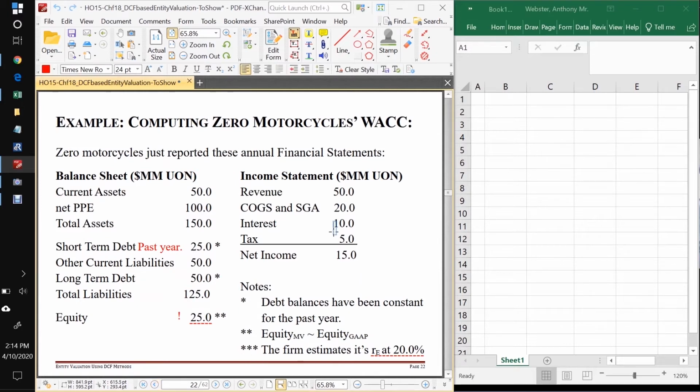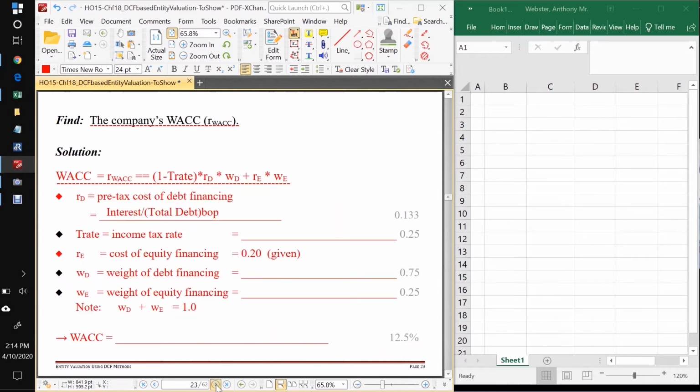The interest was 10, and the total debt, short-term debt plus long-term debt, we want all the debt, because this interest payment came from all of it. It didn't matter if it were short-term or long-term. So 25 plus 50 is 75.